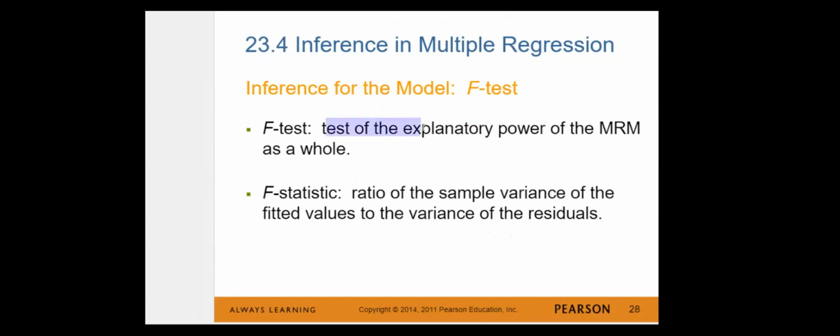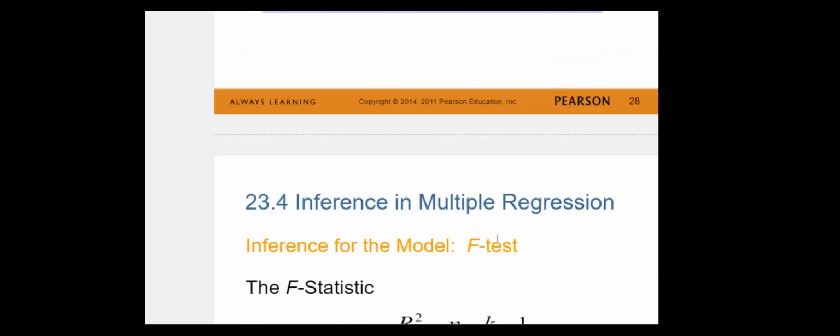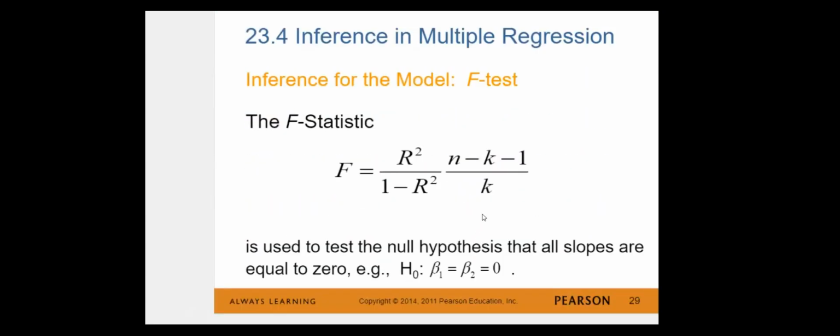The F-test is a test in which the explanatory power of the multiple regression model as a whole is explored. The F statistic is a ratio of the sample variance of the fitted values to the variance of the residuals. The F value can be calculated by R squared divided by 1 minus R squared, multiplied by n minus k, where n is the sample size and k is the number of explanatory variables.